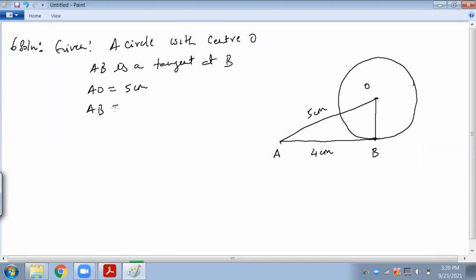AB is given 4. To find the radius, and here the radius is OB. To find OB.